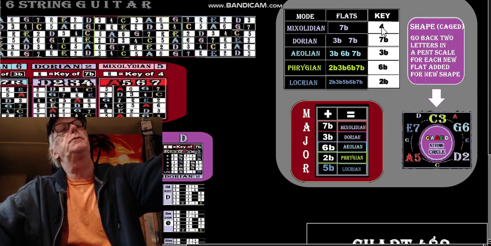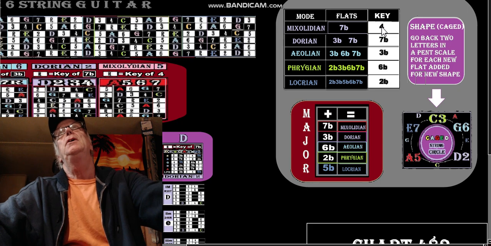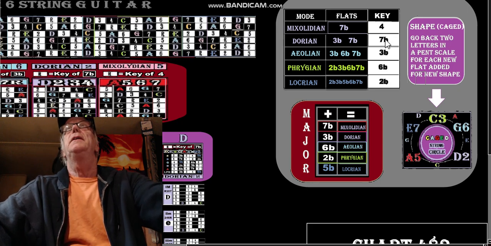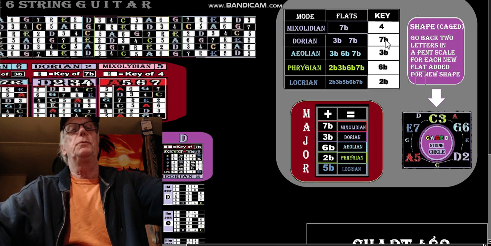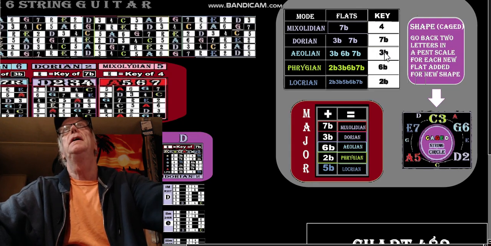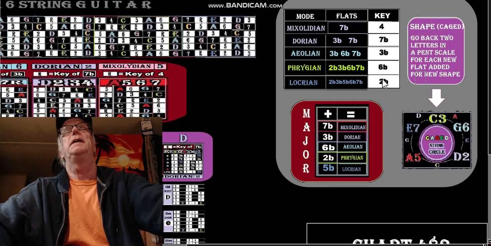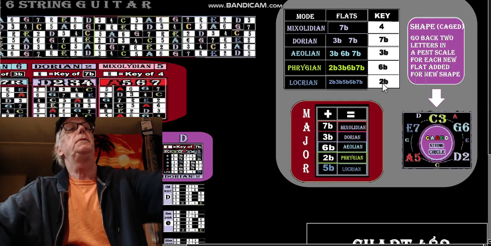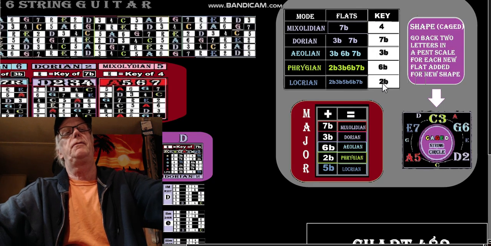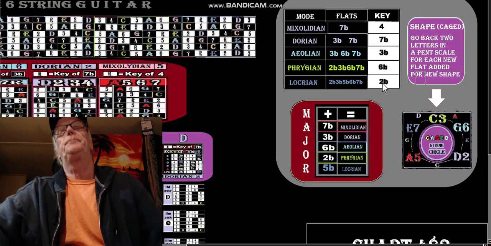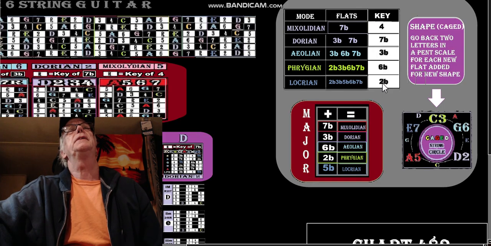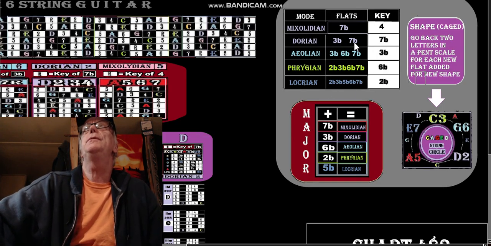E, F sharp, G sharp, A. So 4 would be A. The key of 7 flat we just discussed for the key of E would be D. The key of 3 flat would be the key of G. The key of 6 flat would be the key of C. And the key of 2 flat would be the key of F. Okay? Now we're working in the key of C, but that just shows you the fluency.